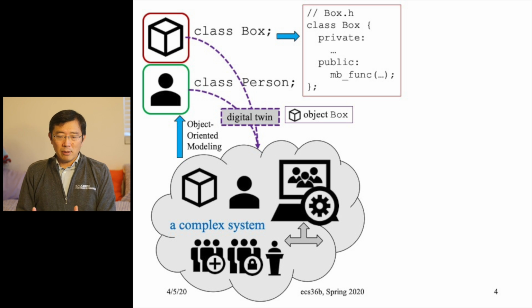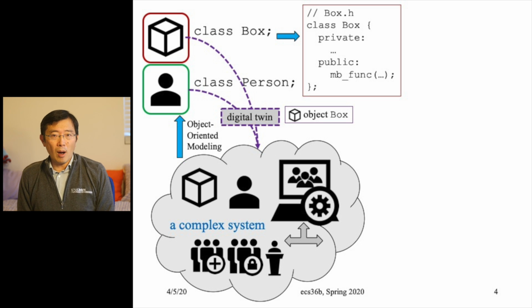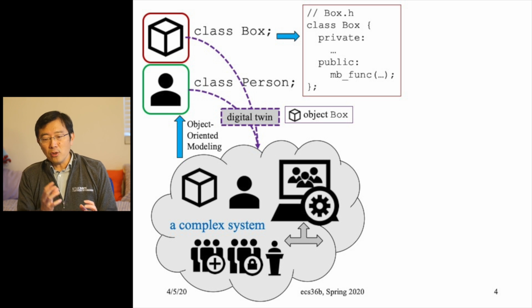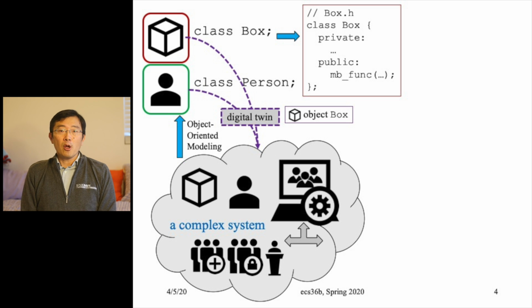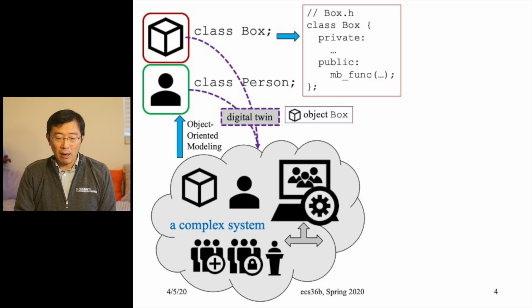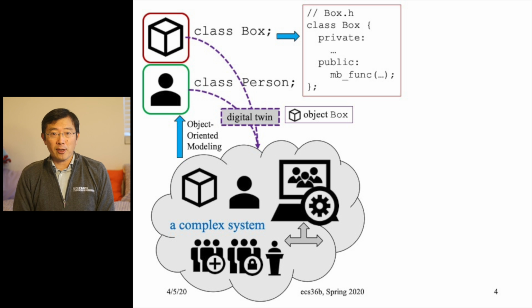All right, just look at this slide. I do want to emphasize a concept. At this point, you have already defined the class box, and then you actually create an instantiation, which is an object box. That object box represents what we call a digital twin of a real object in the real system that we would like to model.